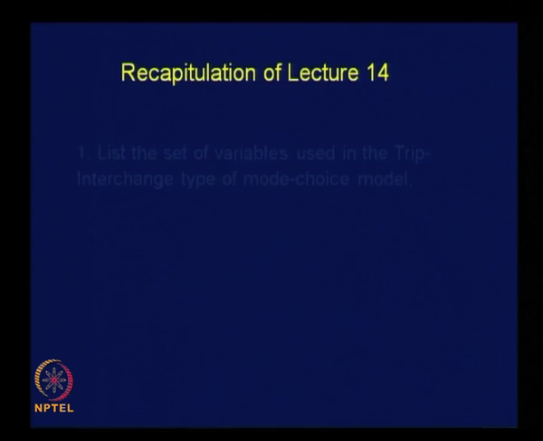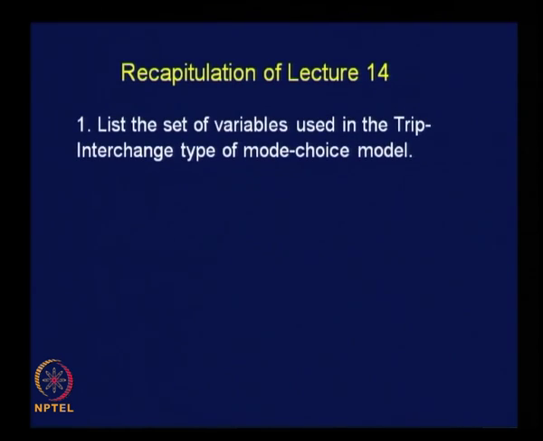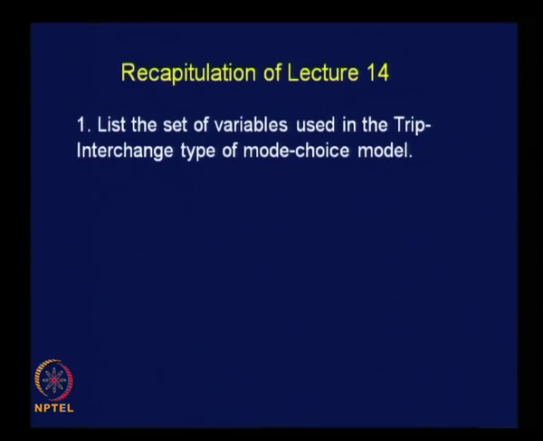Question number 1 is this: list the set of variables used in the trip interchange type of mode choice model. Any response? Let me just give you the answer. You may recall we discussed travel time ratio, travel cost ratio, travel service ratio, and then 3 categories of socioeconomic groups of travelers, namely low income, middle income and high income groups.